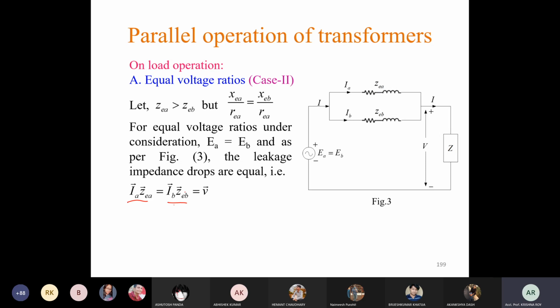IA ZEA equals IB ZEB equals this voltage drop, small v, and since these impedances are not equal, current sharing will not be equal, that means load sharing of these two transformers will not be equal. Since ZEA is greater, IA will be lesser, so the load shared by transformer A will be less than that of transformer B.